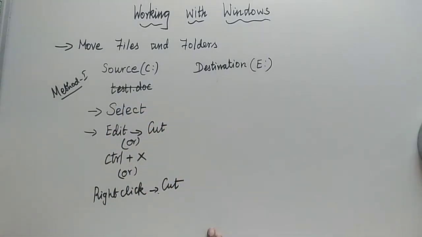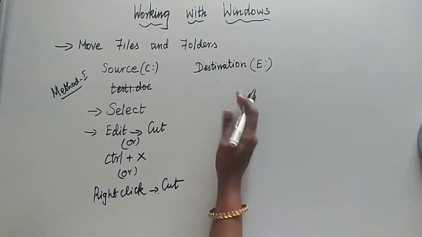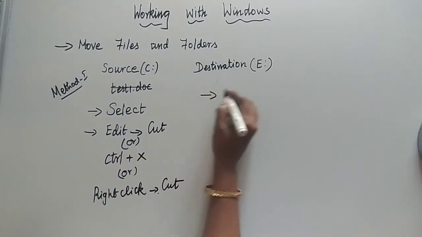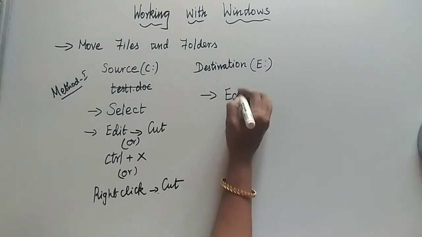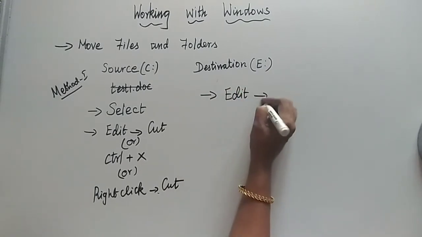Now what are you going to do? You are going to paste the document that you have selected. For that, from the menu, you are going to do Edit, Paste.